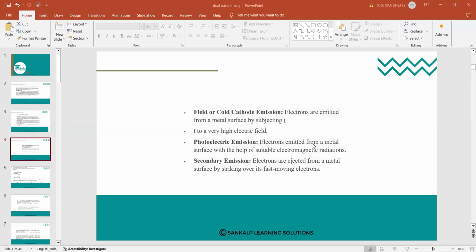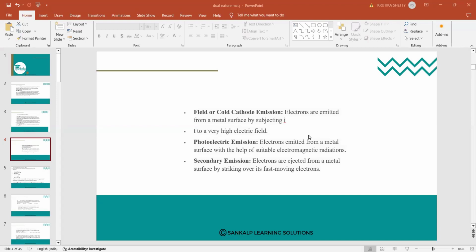Photoelectric emission means the electrons are emitted from the metal surface with the help of suitable electromagnetic radiations. When light falls on the metal surface, the electrons come out of the metal surface. That phenomenon is called photoelectric emission. Hope it is clear to everyone.